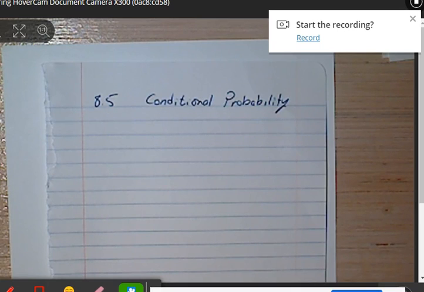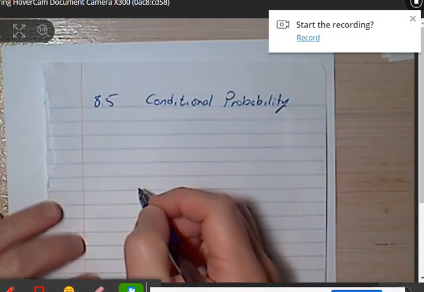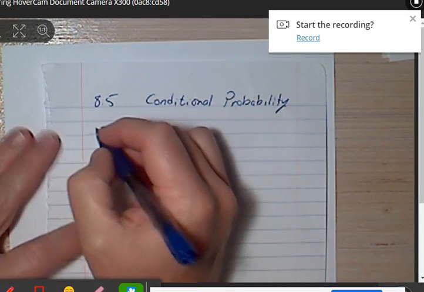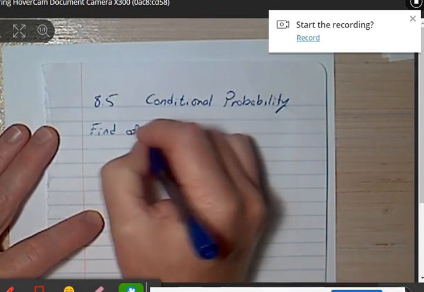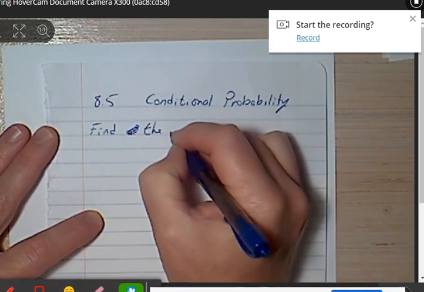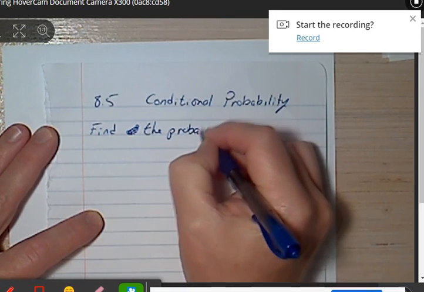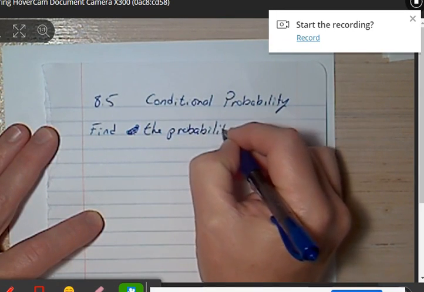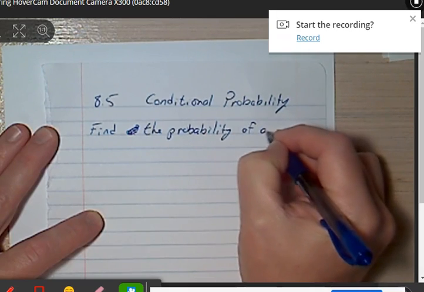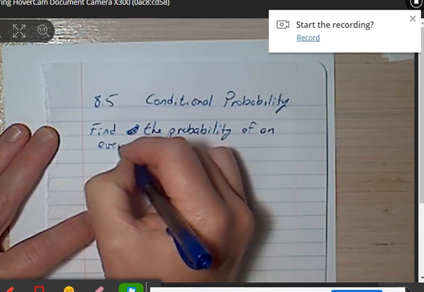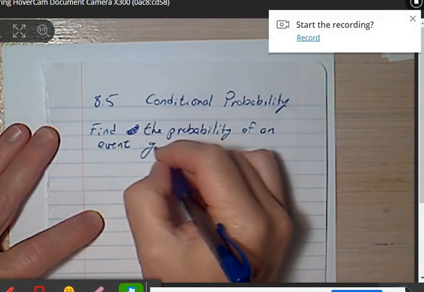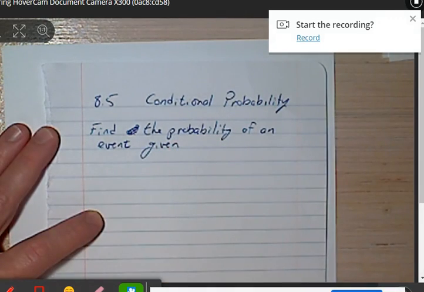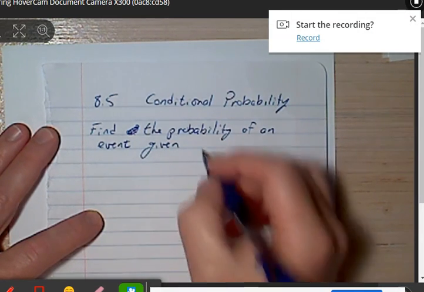And conditional probability, it's where basically they're going to tell you that you're going to find the probability of an event.